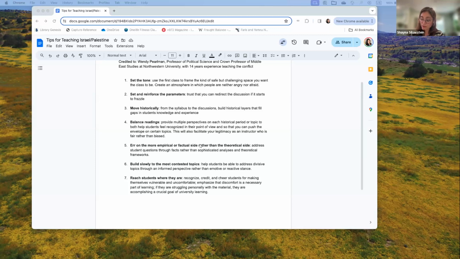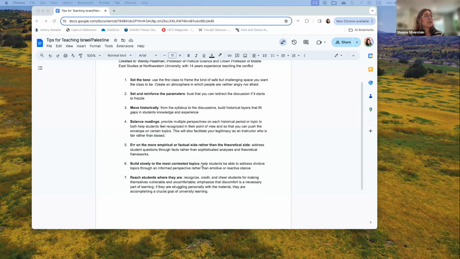It helps students to develop a holistic sense of multiple perspectives on each era. And it's not so much about both-sidism as it is recognizing, as we've also said throughout the seminar, that that is important to create a variegated landscape for what is going on here.